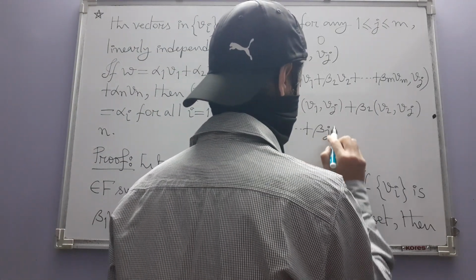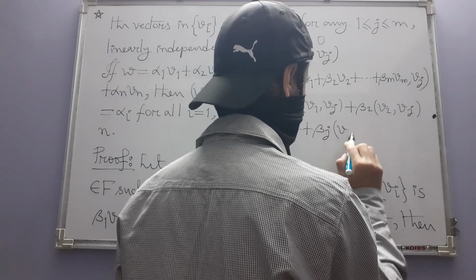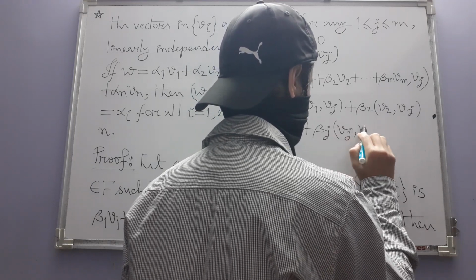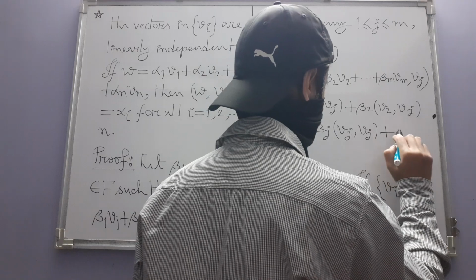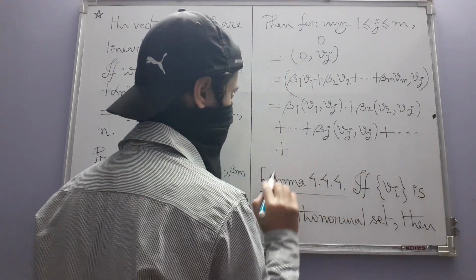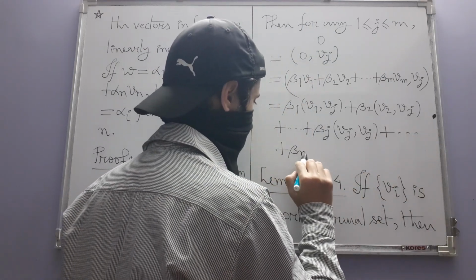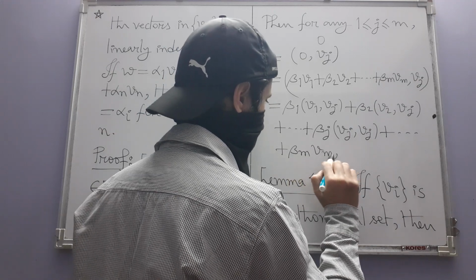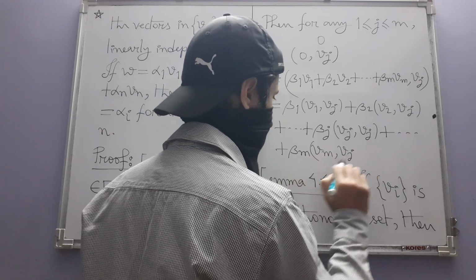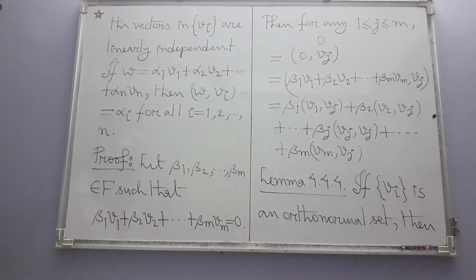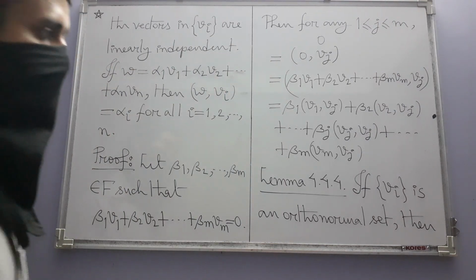So that is beta j times Vj comma Vj, and the last one is beta m times Vm comma Vj.